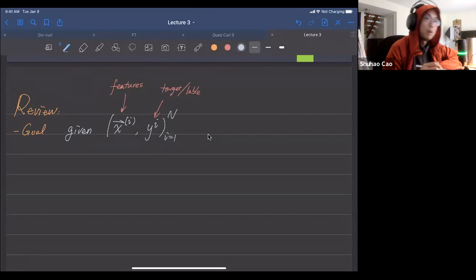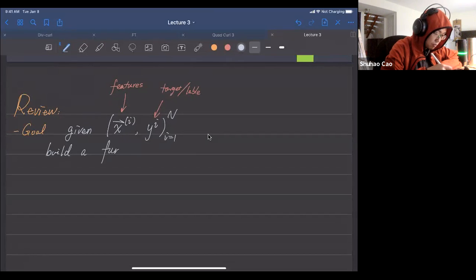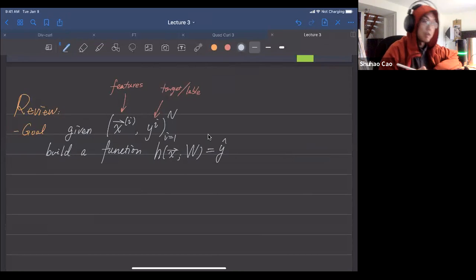And what we want to do is build a function h that takes input x and parameter w, such that this is our model's output.